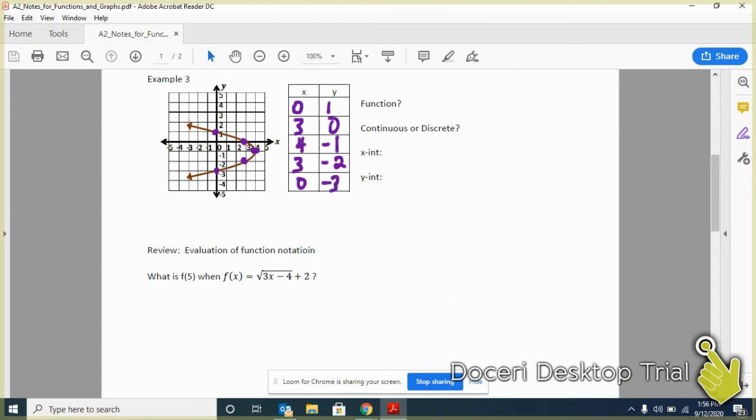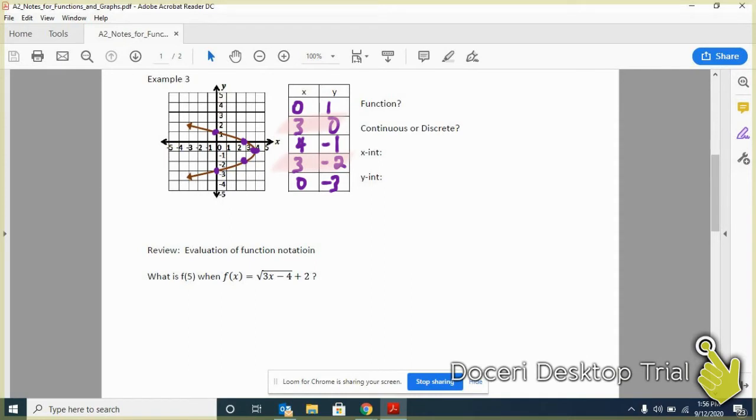Okay. So here's the thing. A minute ago, I said it's what we call a one-to-one function. However, if you notice this point and this point, what's happening is this.